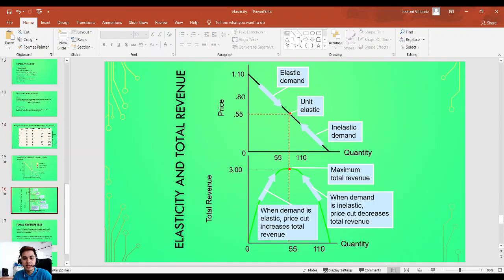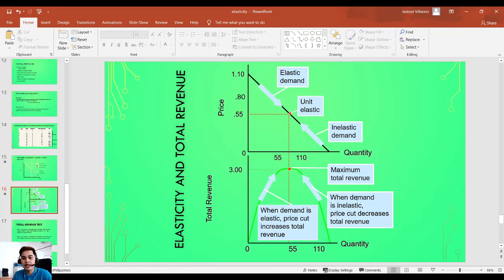Okay, so when the demand is elastic, decreasing your price will increase your revenue. Again, that's why it's better that you know if your product is elastic or inelastic, so you can adjust your prices so you can get more revenue out of it.